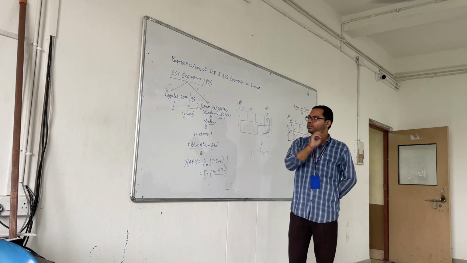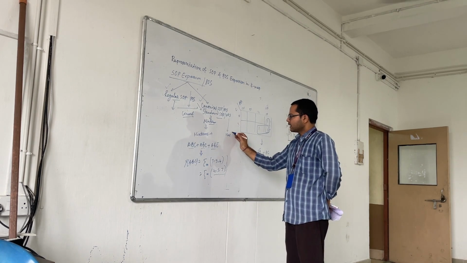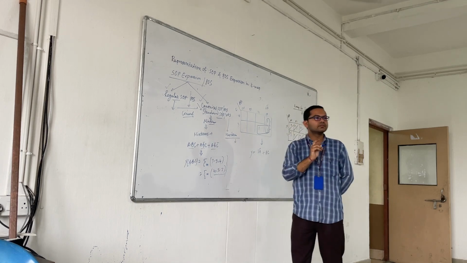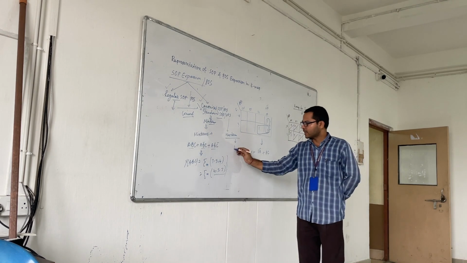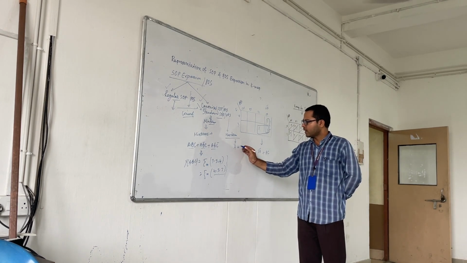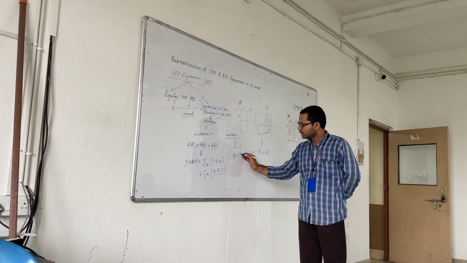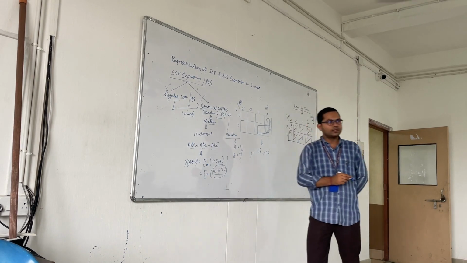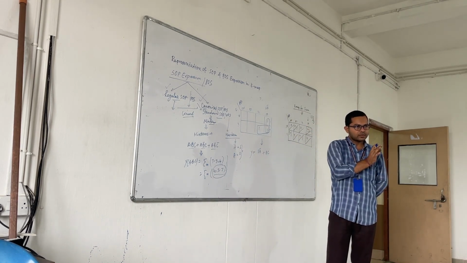But for POS, it will be max term. And in case of max term, the rule is what? Complemented variables are represented by 1 and uncomplemented variables are represented by 0. That means these three positions will be 0 and the remaining min terms will be 1.